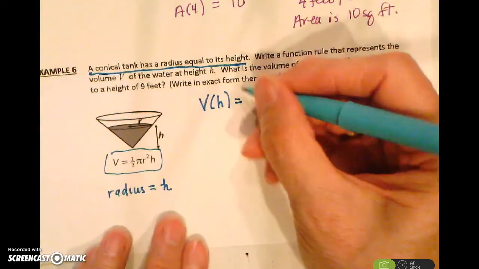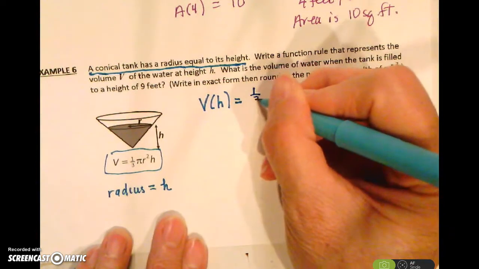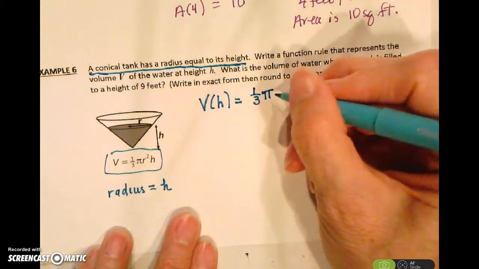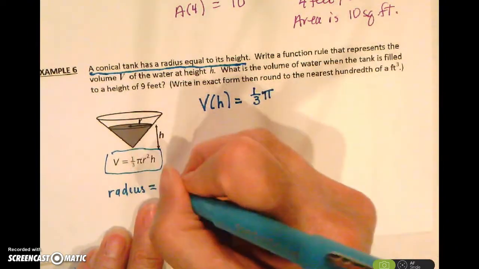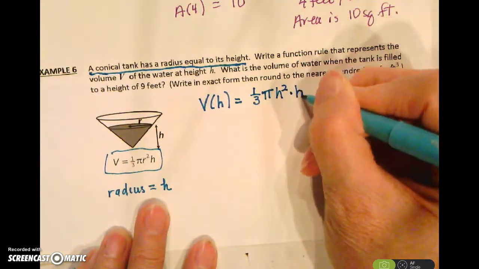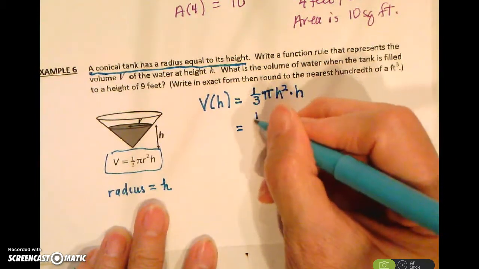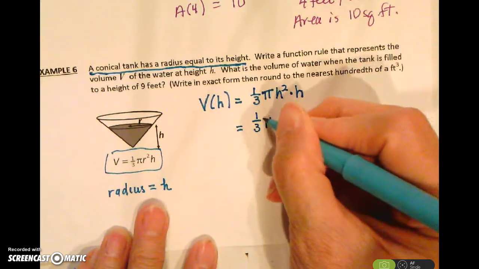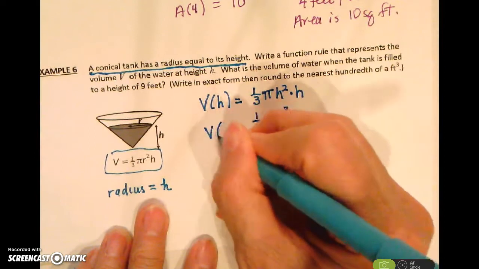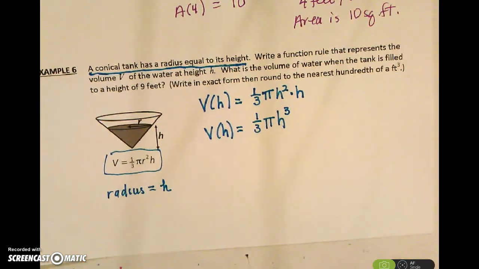Then when we fill in our formula, 1/3 pi r squared, I'm going to substitute my h in for the r there. It's going to be h squared times h. So that will be equal to 1/3 pi h to the third power. So V of h is equal to 1/3 pi h cubed.